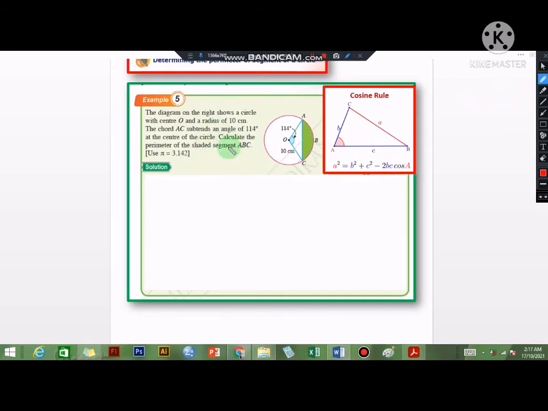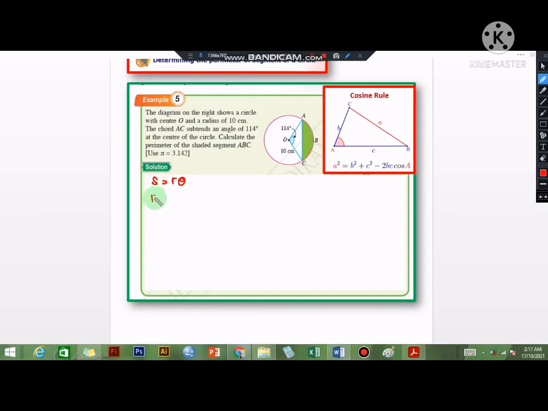We need to find the length of arc. S is equal to R theta. Now this one is 114 degree, which is in the form of degree, so you need to convert into radian. How do we convert into radian?